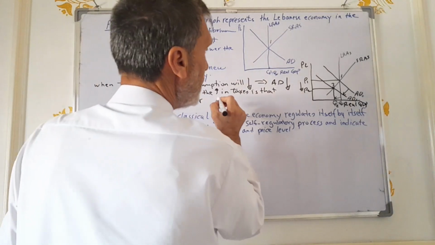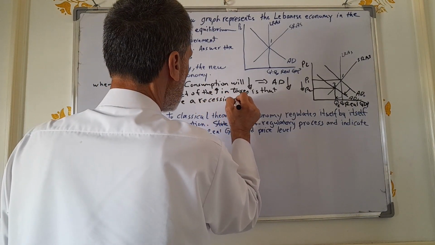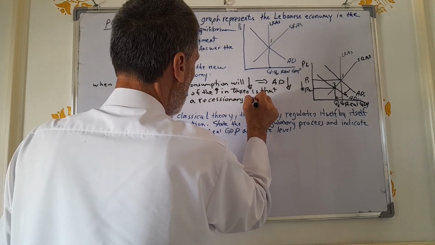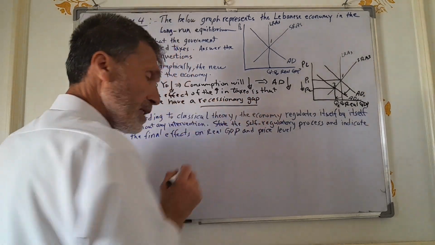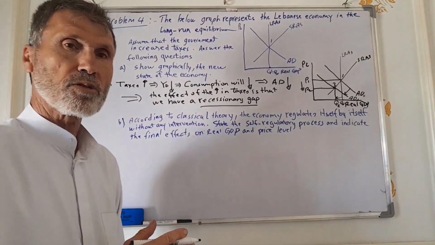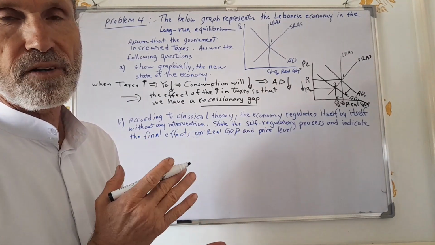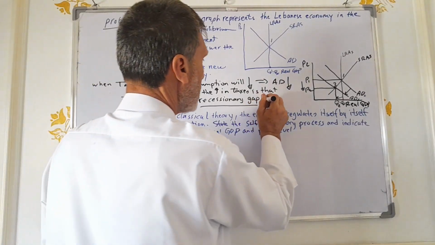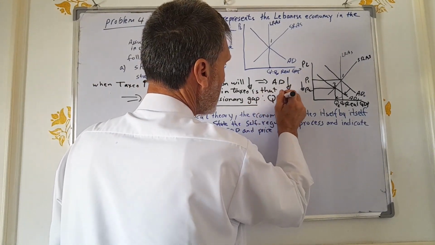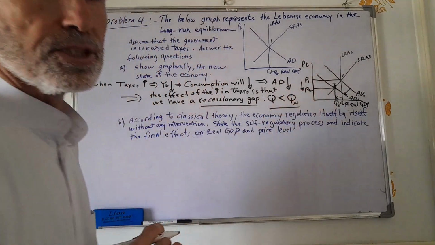What does that mean, recessionary gap? It means that the short-term level of output is less than the long-run equilibrium level of output, which means that Q is less than QN. This is a recessionary gap.